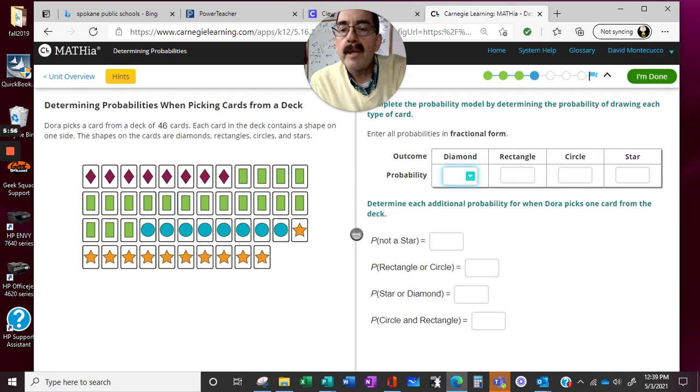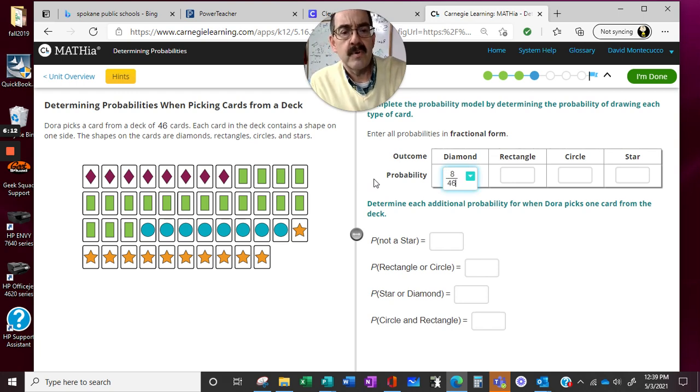All right. Picking from a card. Draw a card from a deck of 46 cards. Each card contains a shape. The shapes on the cards are diamonds, rectangles, circles, and stars. So diamonds, 1, 2, 3, 4, 5, 6, 7, 8 of the 46.